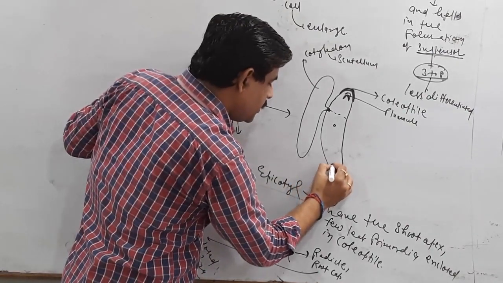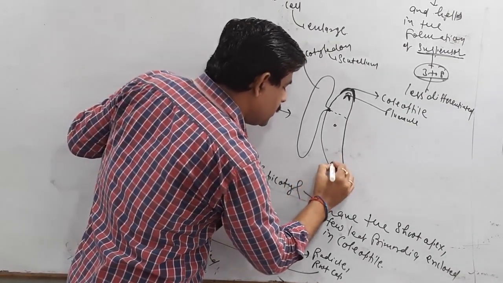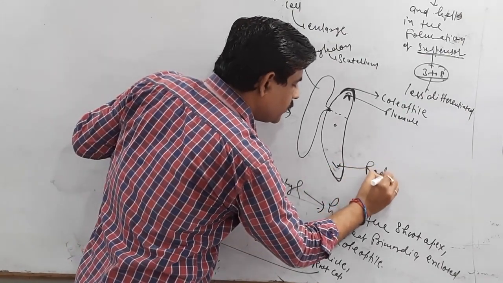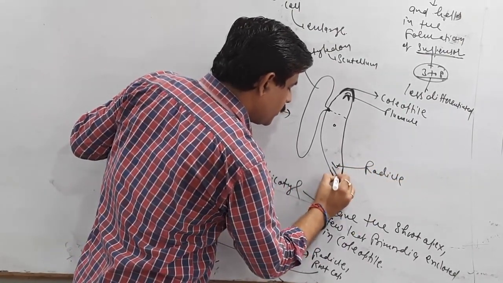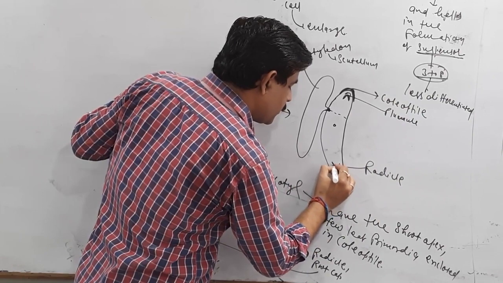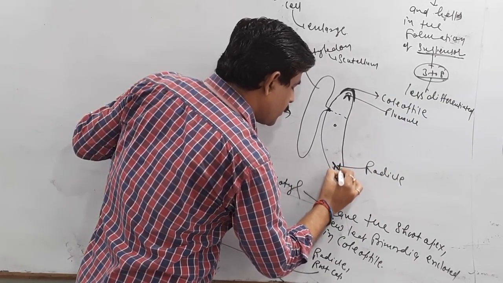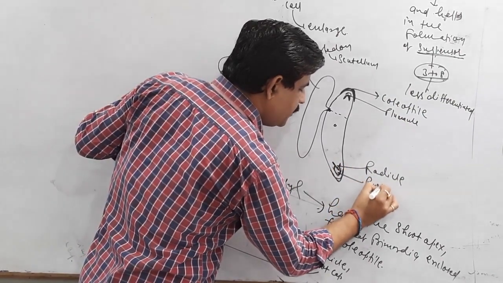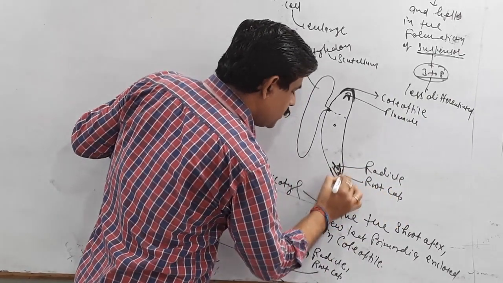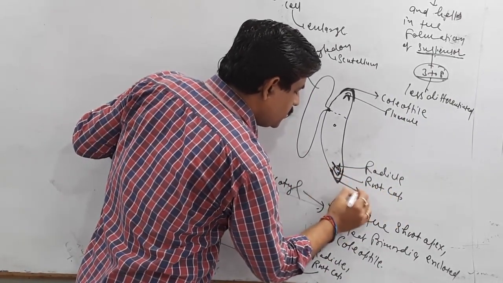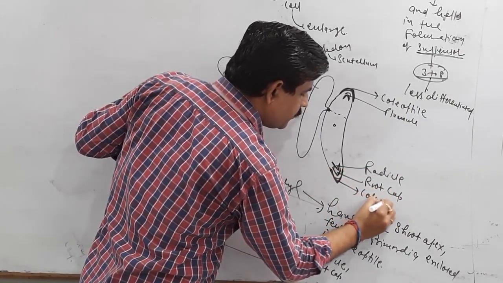This is the radicle, this one the root cap, covering enclosed in coleorhiza.